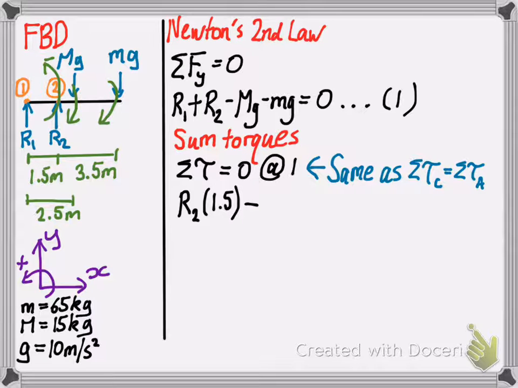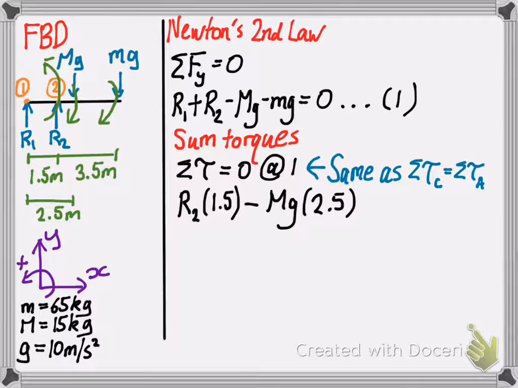And let's get our clockwise torques now, which are going to be big mg and small mg. Since they're clockwise, we're going to define them as negative torques when we're summing our torques together. So the perpendicular distance of big mg is 2.5 meters.